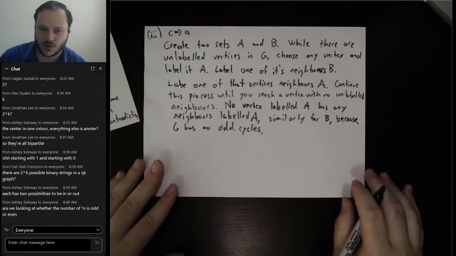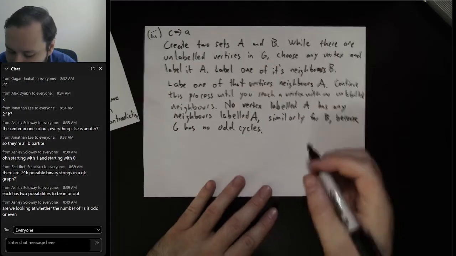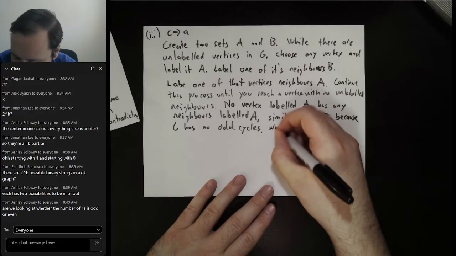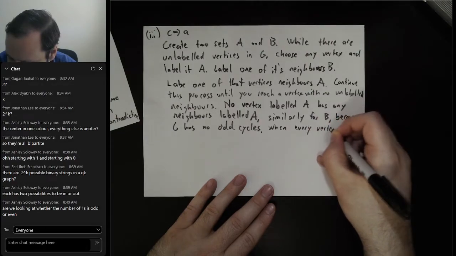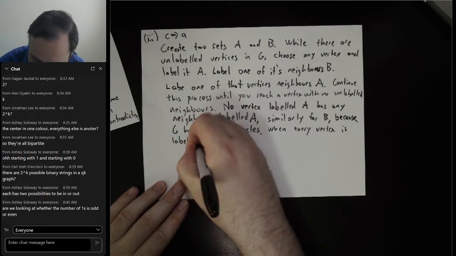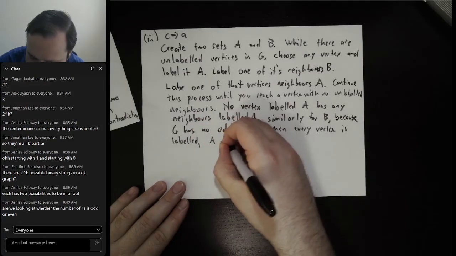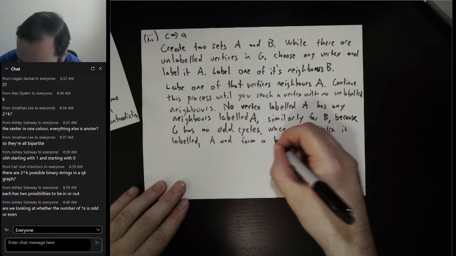So I keep doing this until every vertex is labeled, and then A and B form a partition, a bipartition.